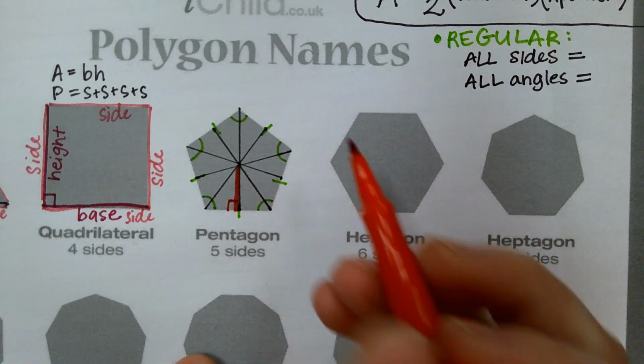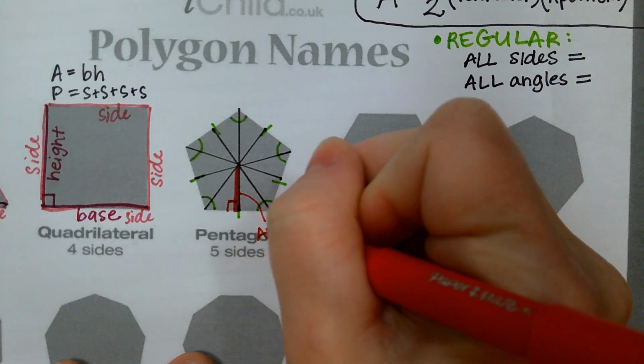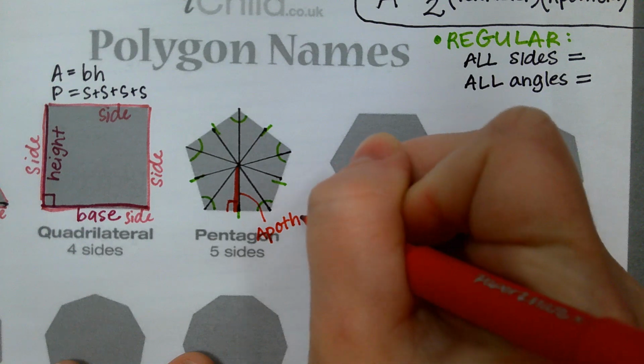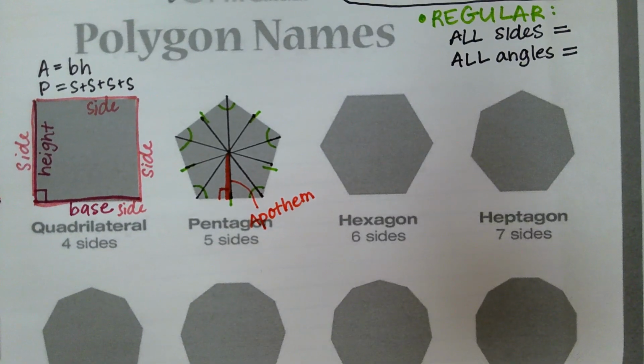So I'm going to label this apothem. The apothem is always going to be that little section right there from the middle of a side to the middle of the shape. Perfect.